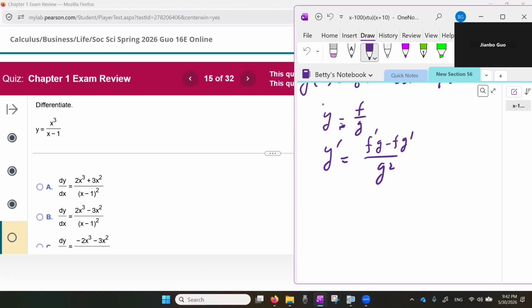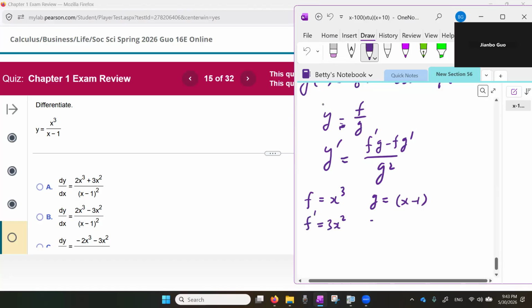So that's the quotient rule formula, okay? Our f, the numerator, is x cubed. Our g, the denominator, is x minus 1, okay? So f prime is 3x squared. G prime is 1, actually, okay? Because it is linear, the derivative is the slope, which is 1.